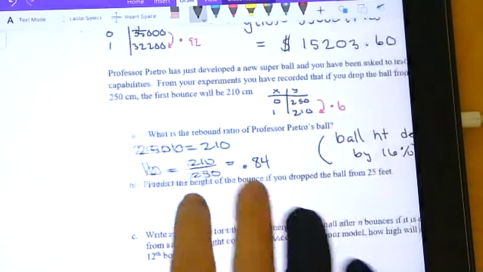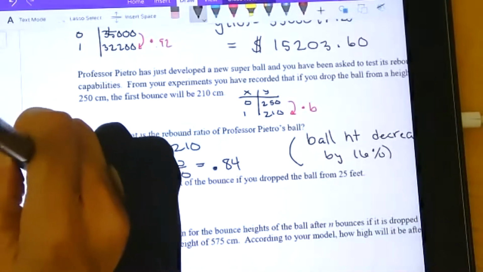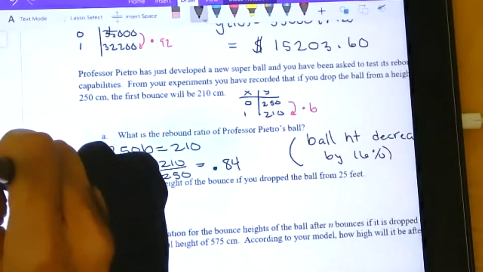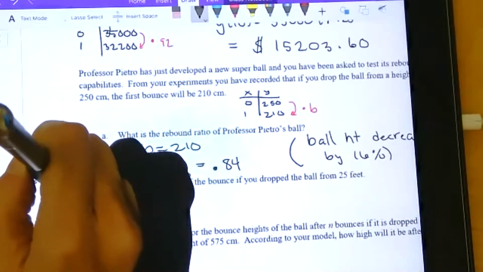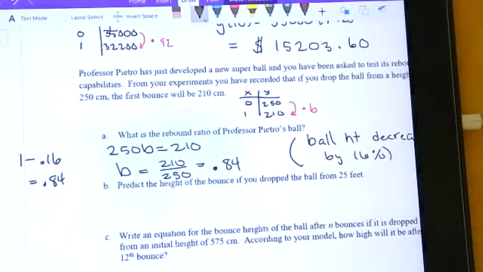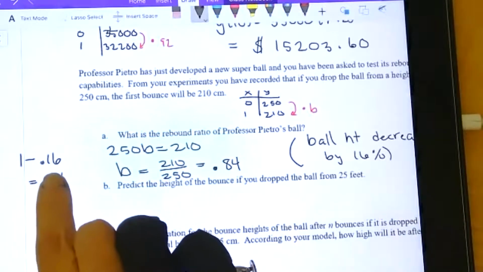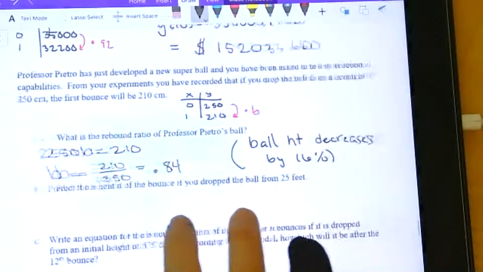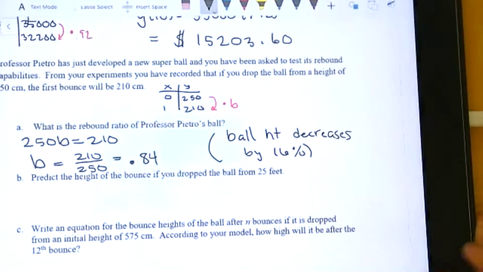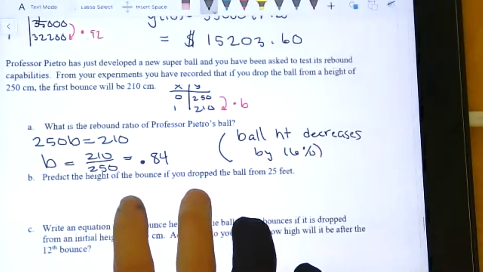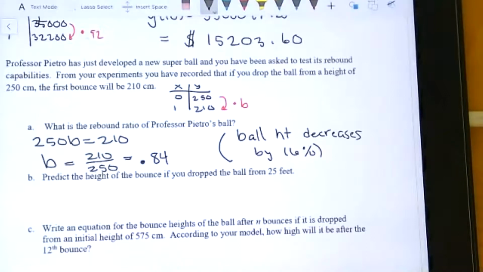How did I know that? Well, because 1 minus 16% is another way of getting 0.84. Of course, I didn't know that at the beginning, but I know it now. So I now know that this ball is going to decrease its height every bounce by 16%, which is why the rebound ratio is 0.84.